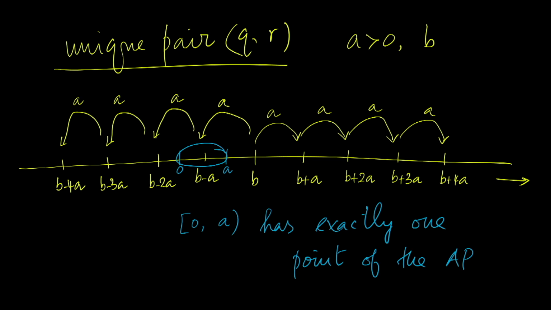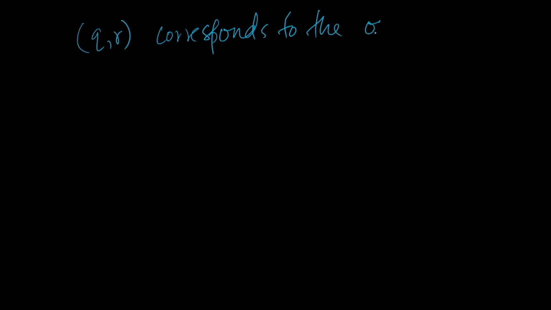In particular, what we need to know is that there is one point. Suppose that one point corresponds to QR. Ordered pair QR corresponds to the one point that we find.